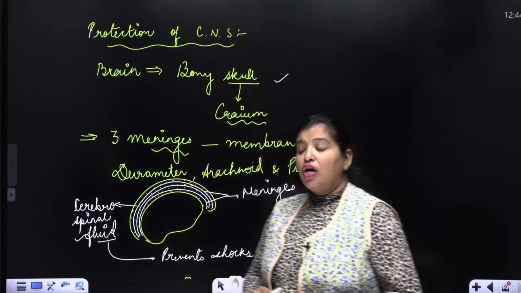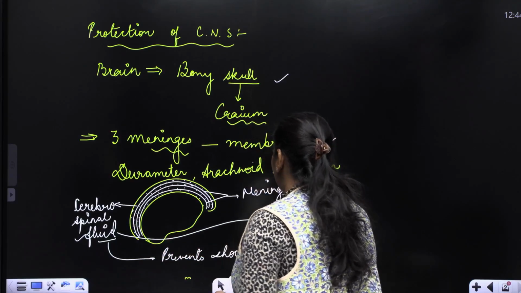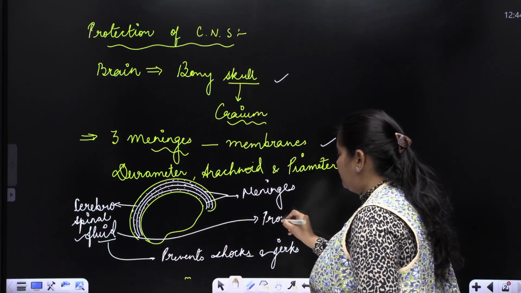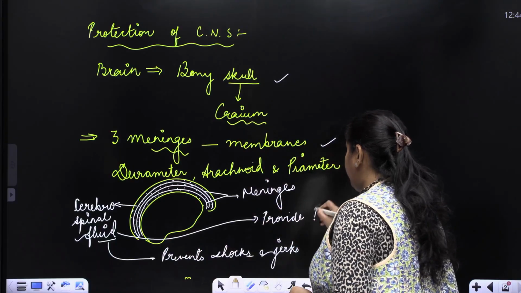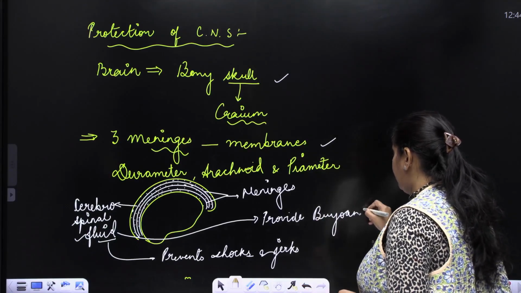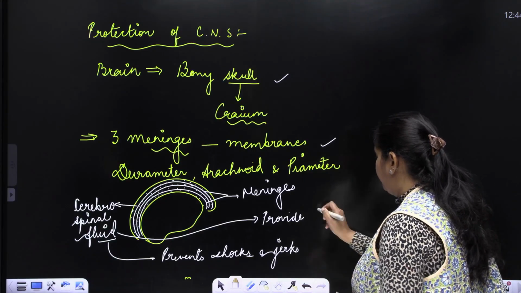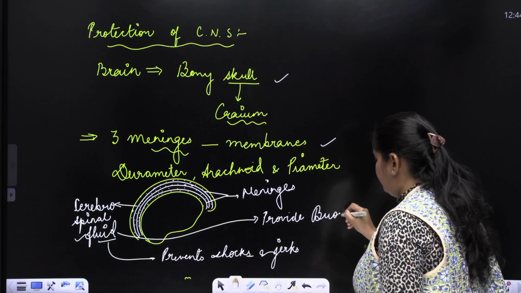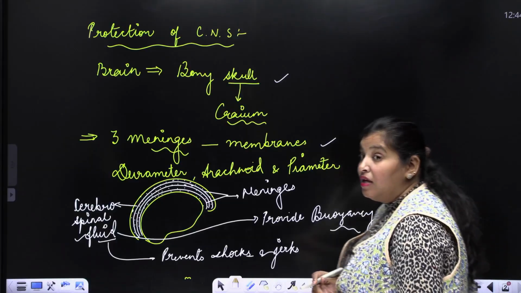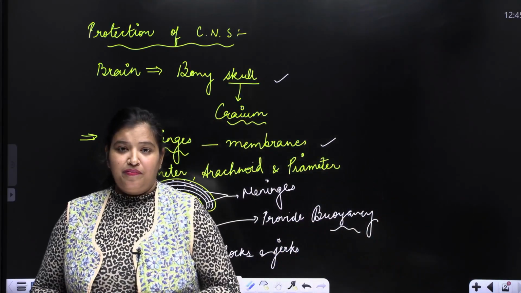Now the fluid not only protects the brain from shocks and jerks, but it performs another important function. It provides buoyancy to the brain. That means it helps the brain to remain in a floating position.